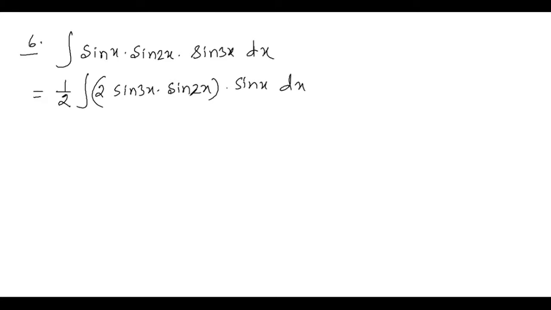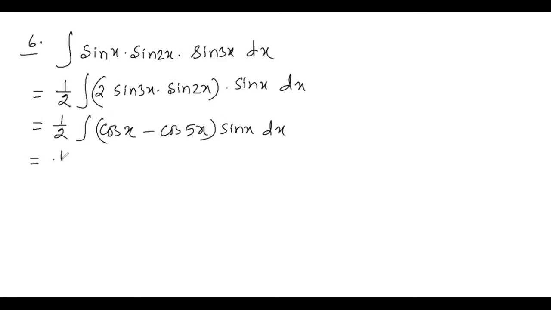Or the 2 sin a sin b formula. 2 sin a sin b equals to cos of a minus b, that is 3x minus 2x, that is x, minus cos of a plus b, that is cos 5x, into sin x dx.